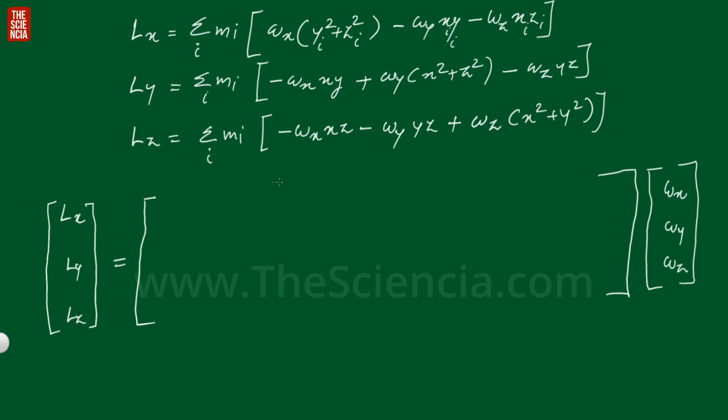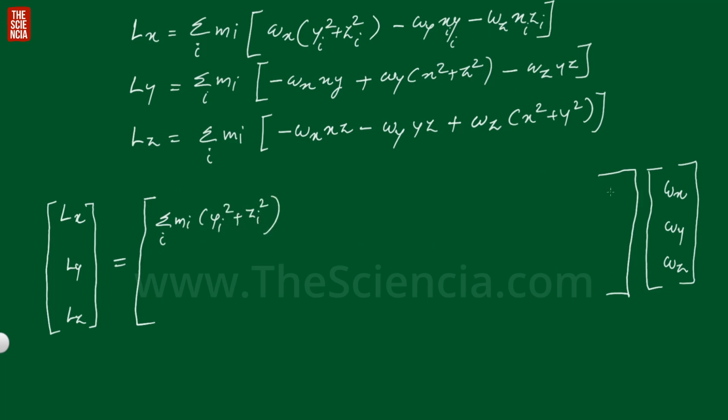So what will be this matrix? Okay, so the first term will be summation over i of m_i into (y_i square plus z_i square), taking omega x out.